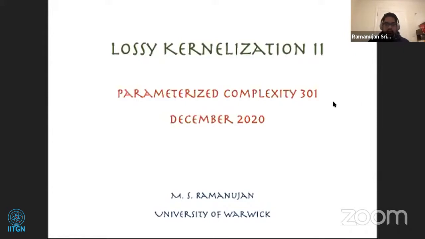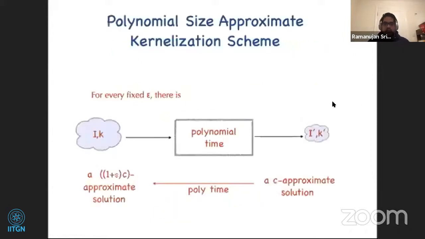So let me begin. I'd like to begin by recalling the notion of PSAKS. This is a special type of approximate kernel, or rather it's a family of approximate kernels, really, because for every fixed epsilon, what I'm asking for is a pair of algorithms. There's a reduction algorithm, which, as we mentioned earlier, should run in polynomial time and output this instance I prime, k prime.